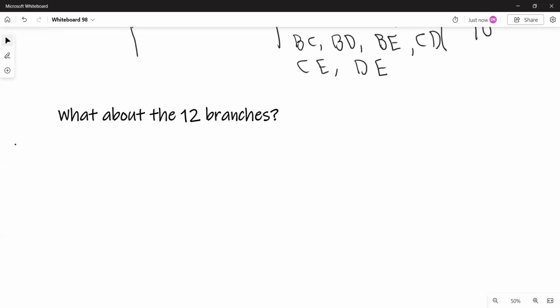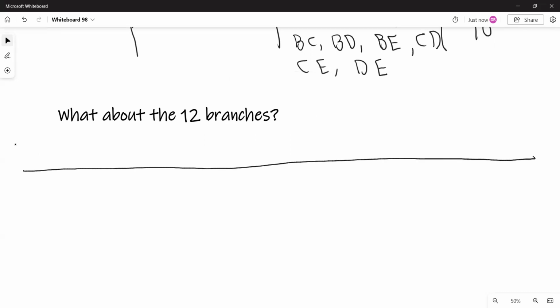Okay, so I'm going to make a smaller table with the number of branches and the number of links.